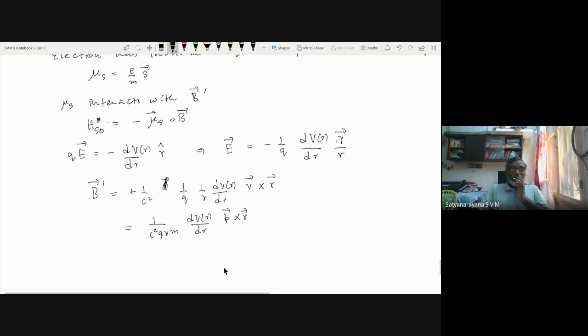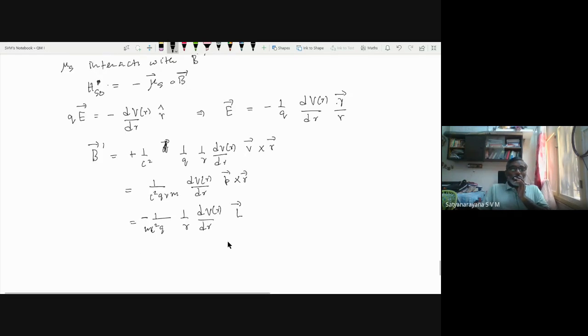So that is equal to 1 by c square q m, or m c square into q, into 1 over r dV of r by dr, into the negative sign, L. Now you substitute it in this expression. So I have the spin orbit coupling Hamiltonian. There is a minus sign here, and there's a minus sign here. So I will have, okay, I must probably call this also as Q.